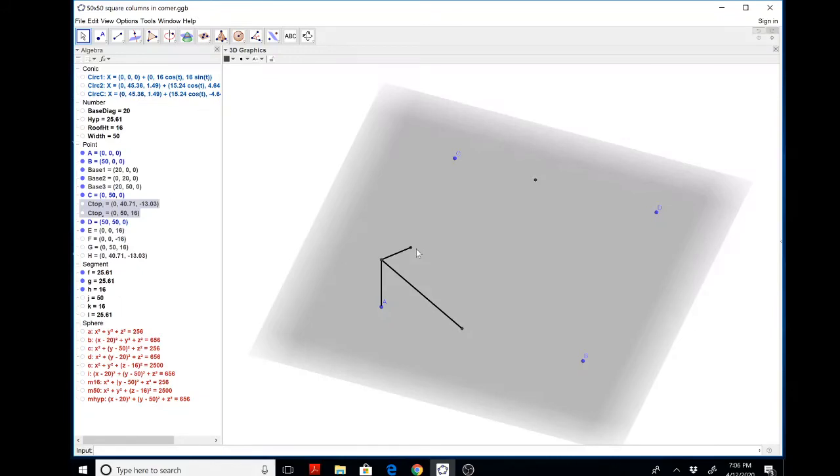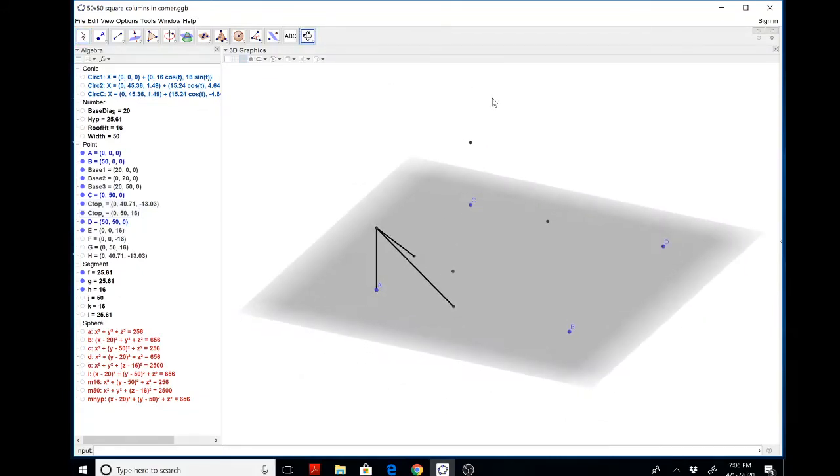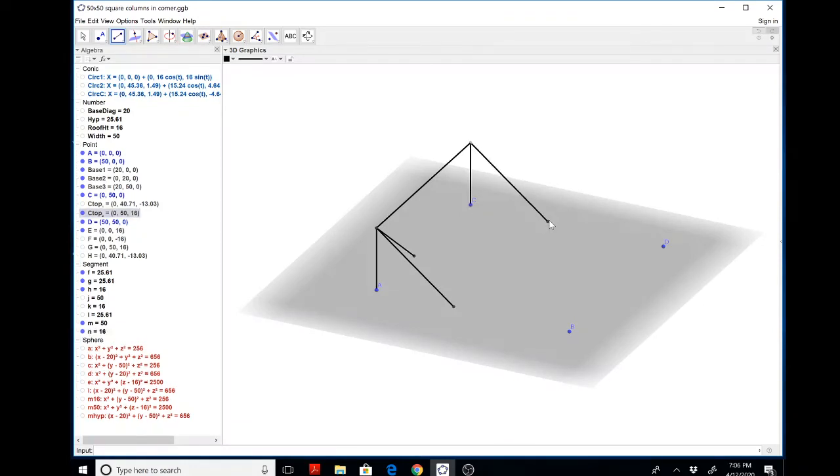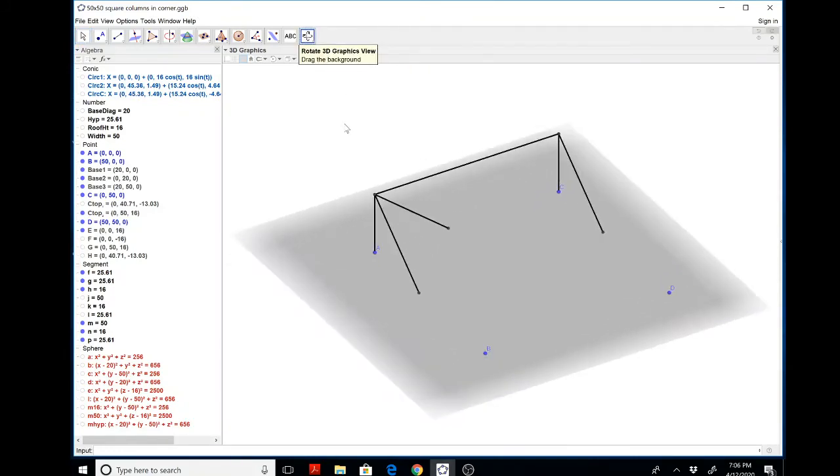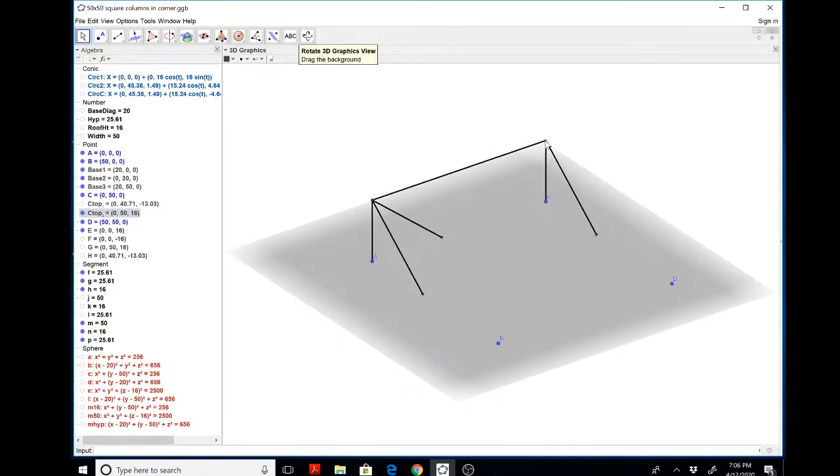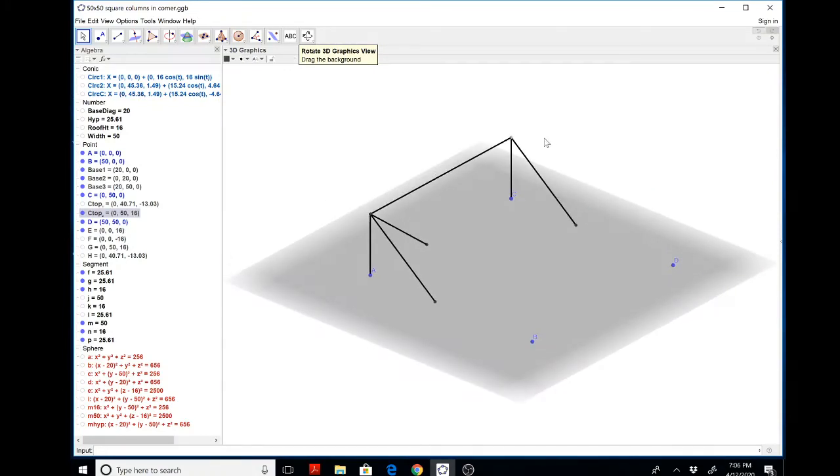Oops. Control Z. So I'm going to connect these elements here. And this should be 50, and that should be 16, and that should be 25.61. And now that is unconditionally stable. You can see it's locked in.